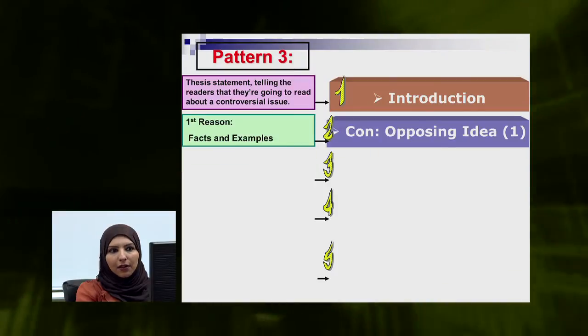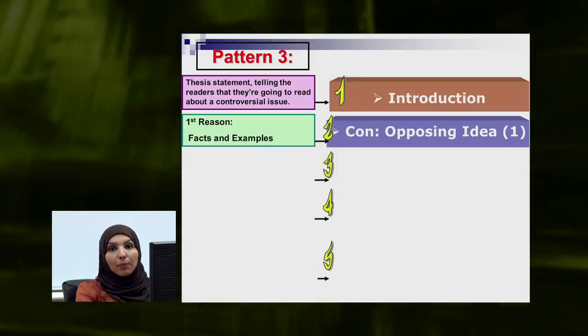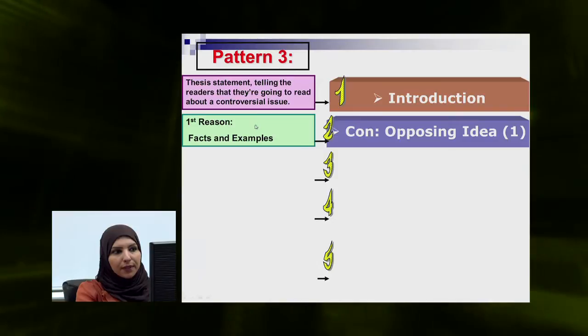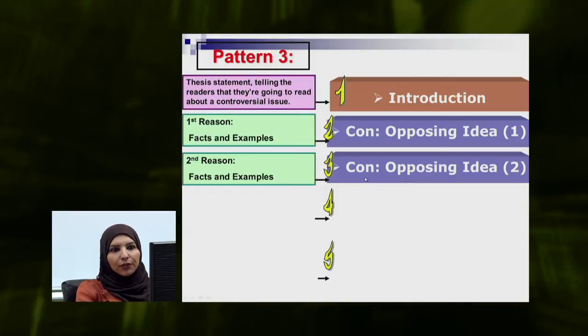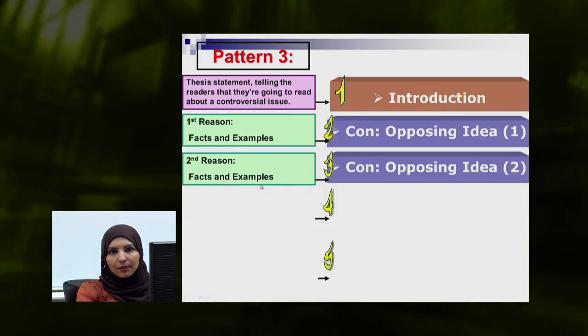In the second paragraph, you are going to write about the opposing idea, which is number 1. And you are going to write your first reason, facts, and examples. In the third paragraph, you are going to write about a second opposing idea. You are going to support it with a second reason, facts, and examples.